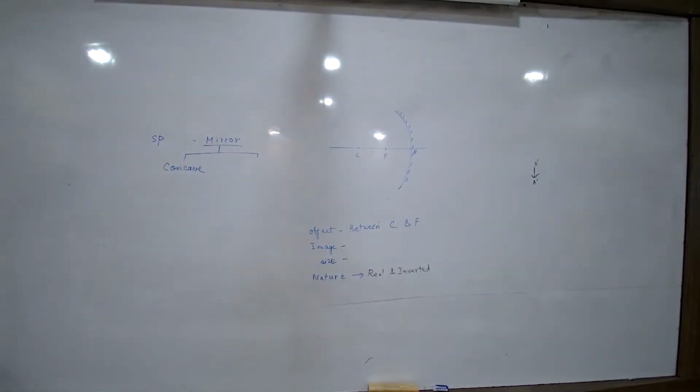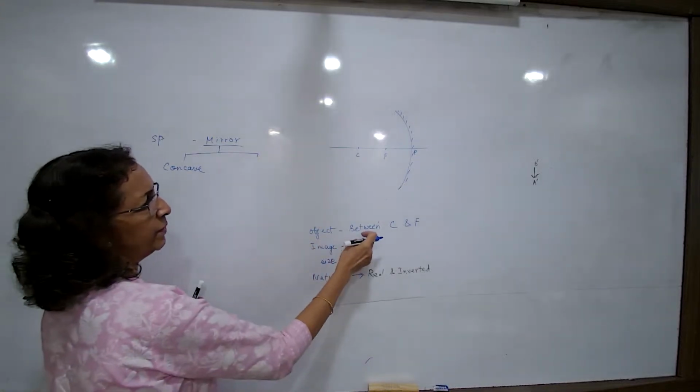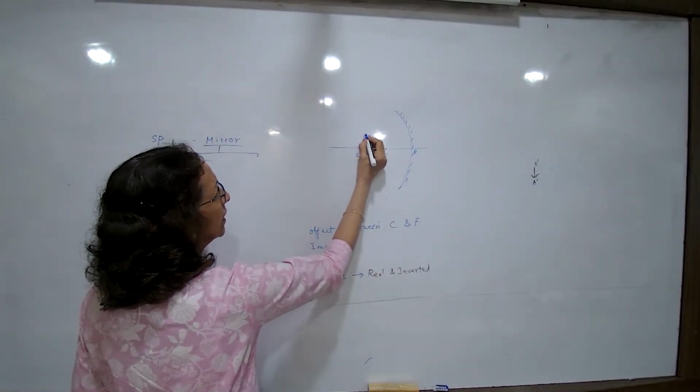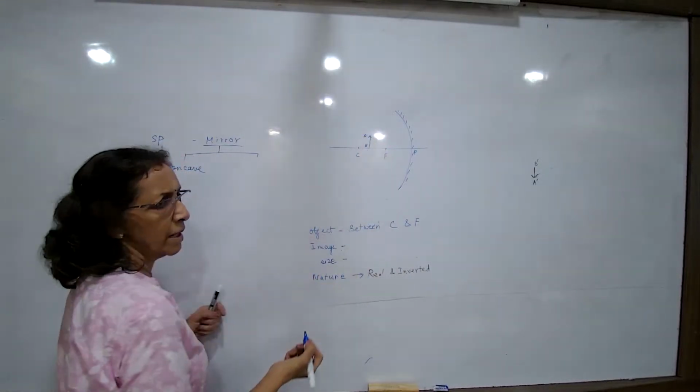It should be nice and big. Okay. Where did we write? Between C and F. So you draw your object A, B between C and F.